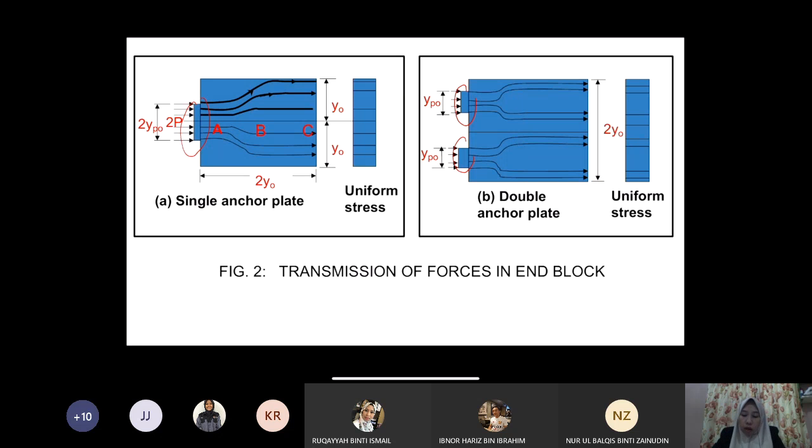So you can see the pattern of how the stresses distribute along the length. The concentration part is this part, before it's distributed along the length of the beam. Normally we want to make sure that we design appropriately at this part, because the concentration is at that particular part.